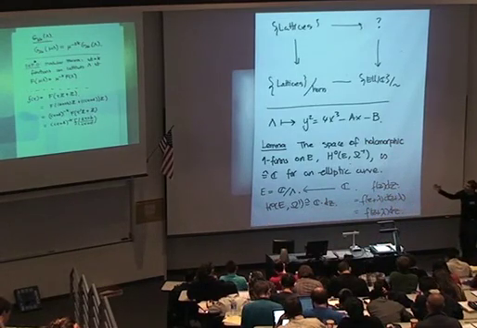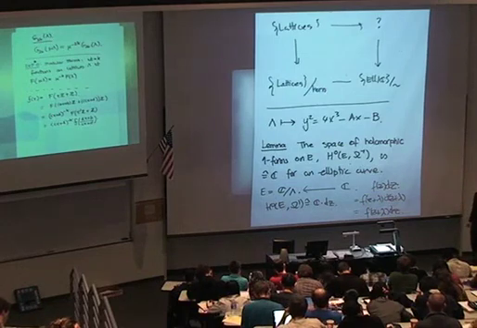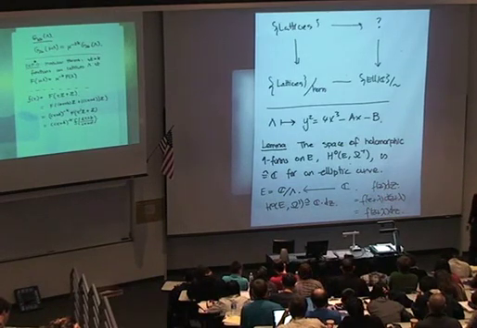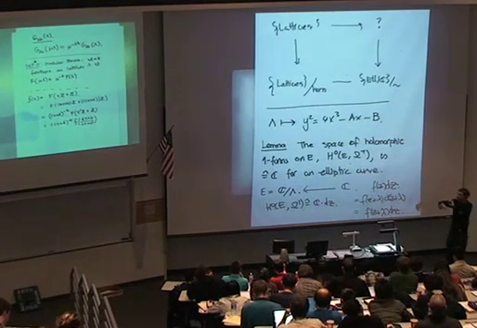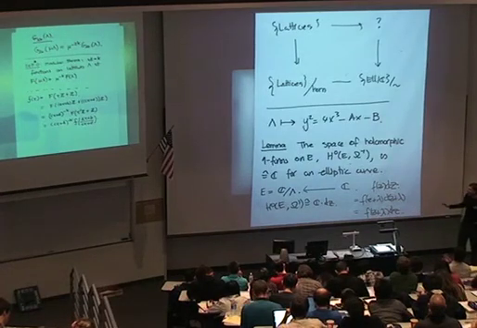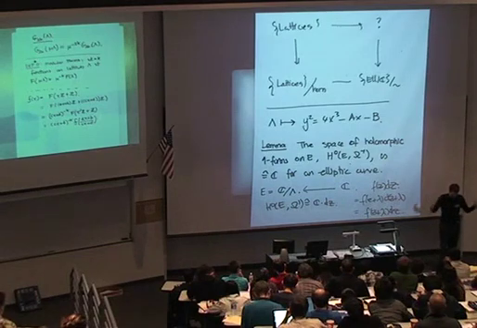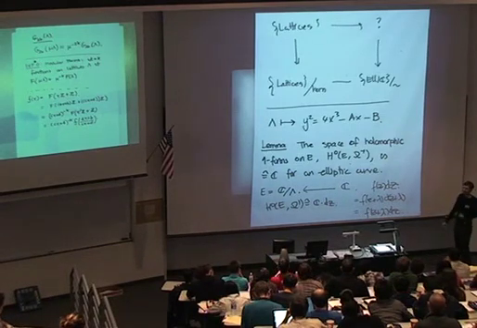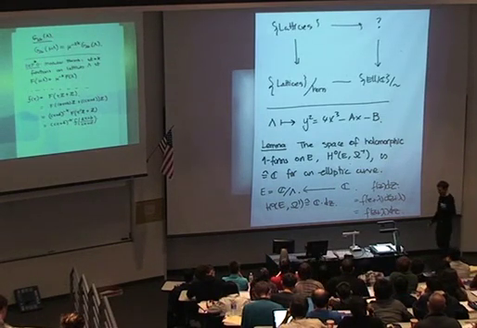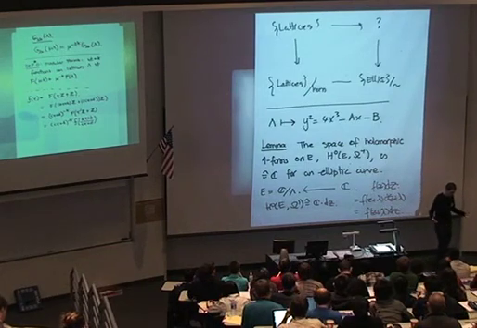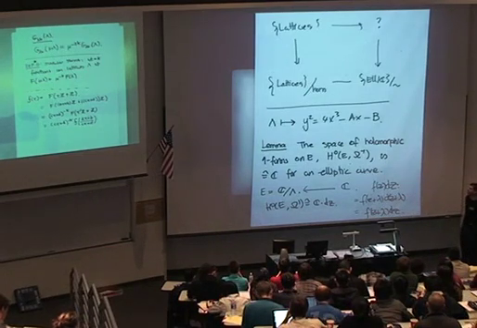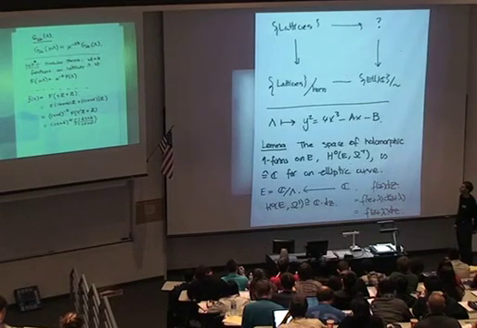So the key point here is that this space of one forms is canonically a one-dimensional space, but if you think about the elliptic curve abstractly, it does not have a canonical generator. If I give you an elliptic curve, and I'm holding it behind my back, I don't have an equation for it, and I ask, what's the differential? There's no way to normalize it in some obvious way.